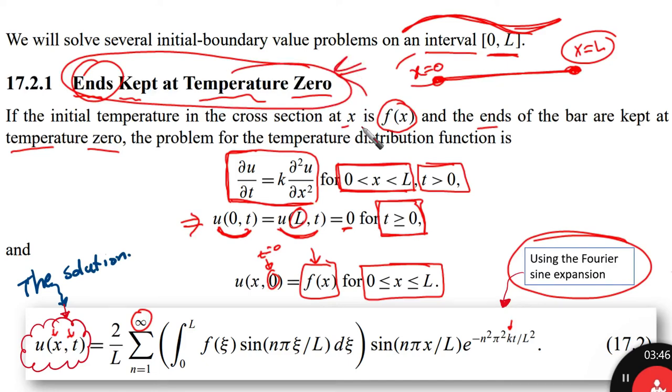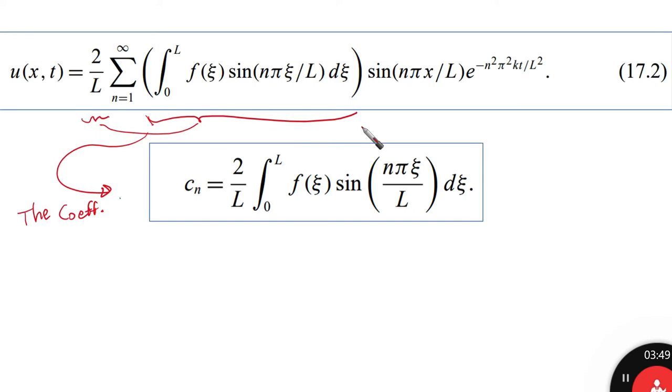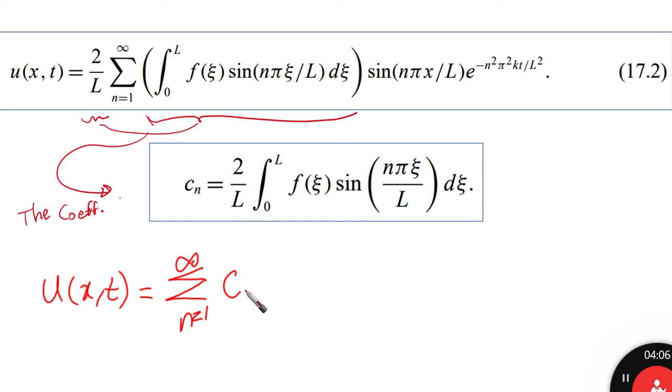Okay. So this means that actually our equation is going to be something like this. We're going to say u of x and t equals the summation from n equal to 1 to infinity of c_n times sine n pi x over L times e to the minus n squared pi squared k t over L squared.